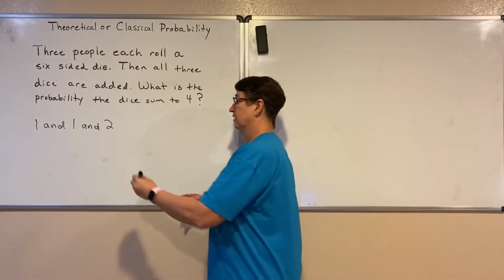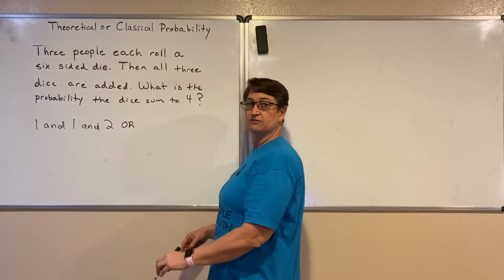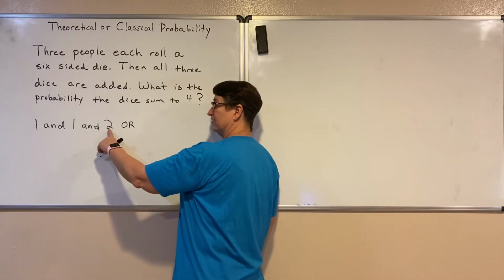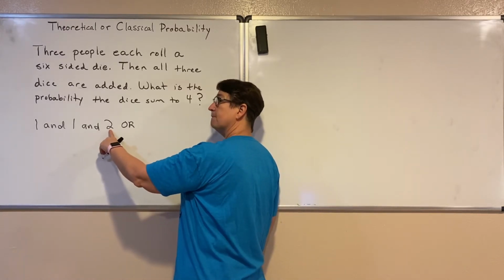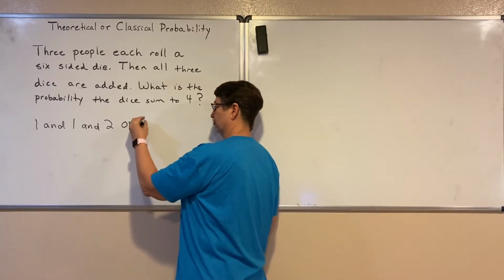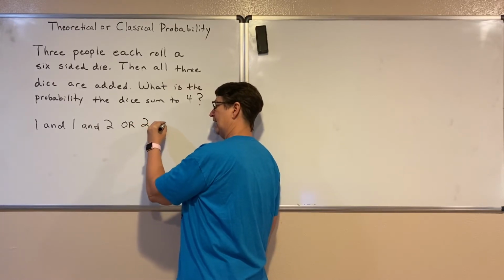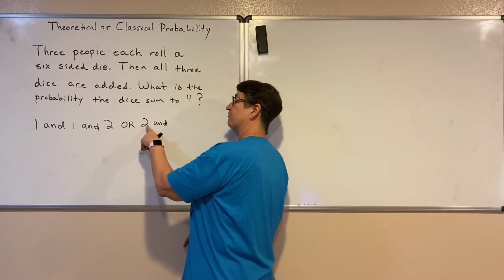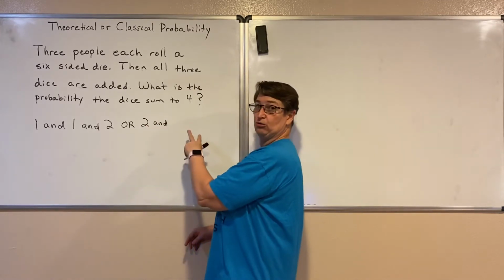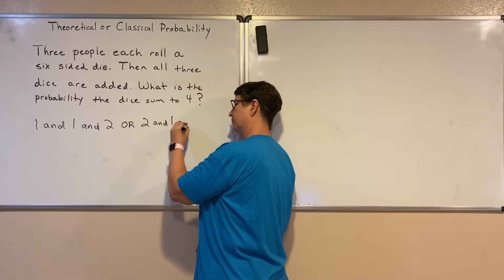But they could do it another way. Because in this case, the last person rolled a 2. But maybe, instead of the last person rolling a 2, maybe the first person rolls a 2. So maybe they do a 2, and then if that one rolls a 2, there's only 2 left. So that means each one of them has to roll 1.